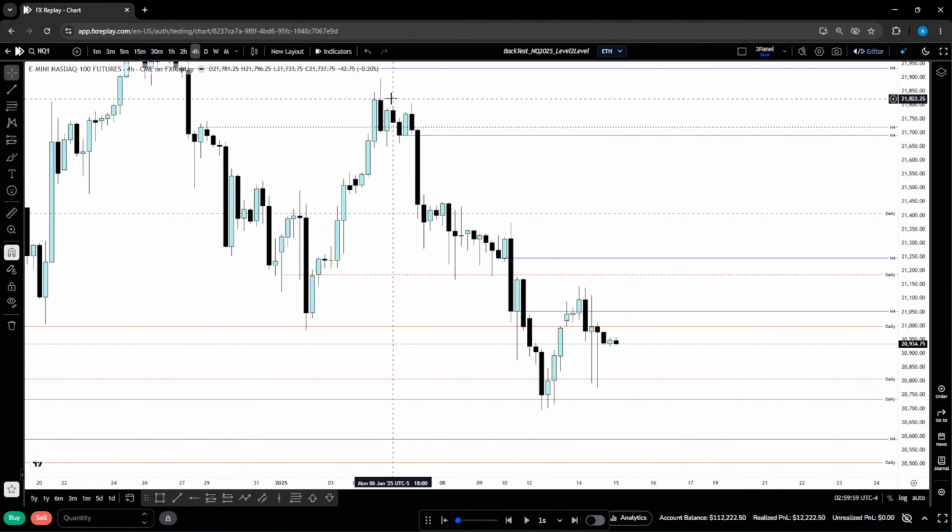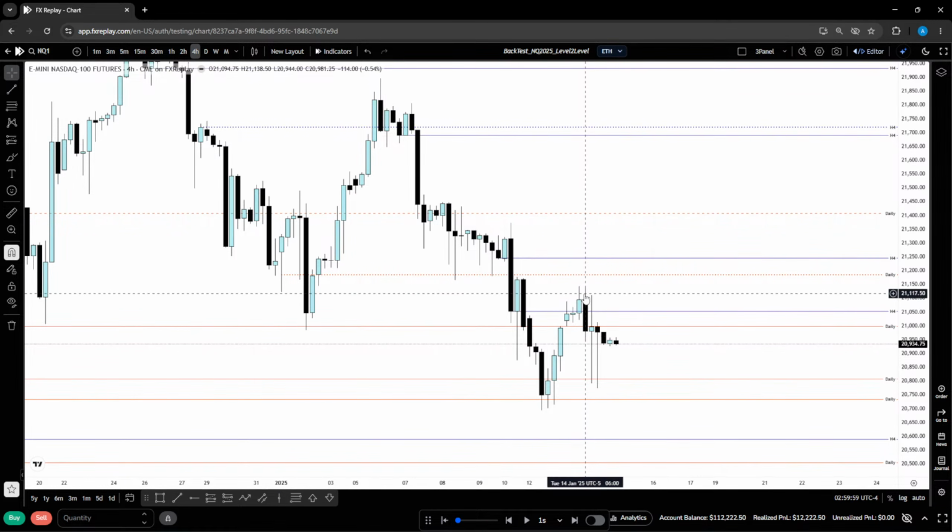This is a start of the swing. And we're tracing back up ever so slowly and still being resisted by this 4-hour level.